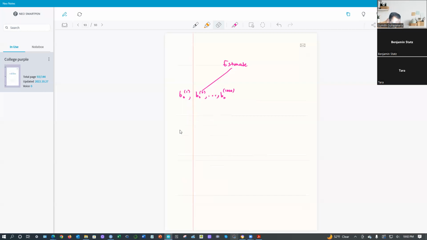Let's say I'm going to keep going. The same thing can be applied to this one. I'm going to call this one B naught observed, to make it more clear. That's the one that we're going to utilize.